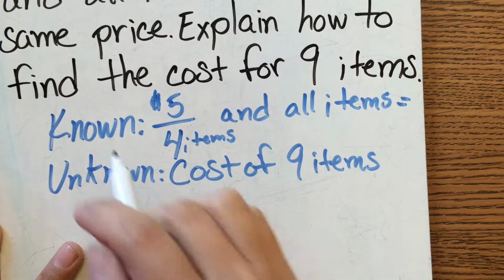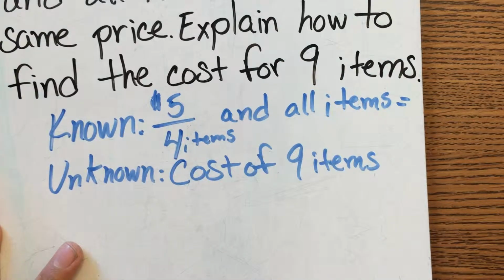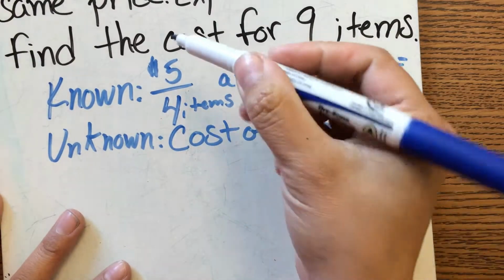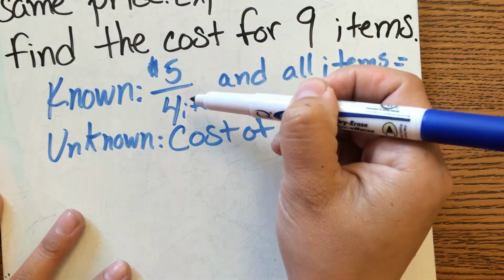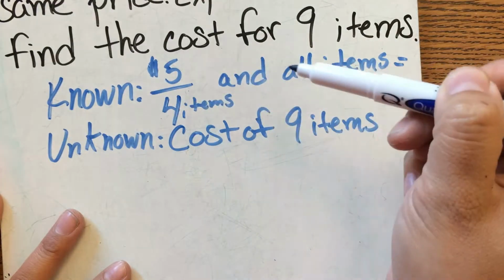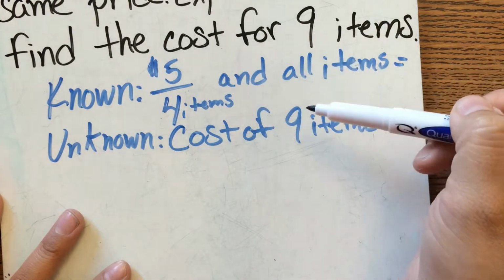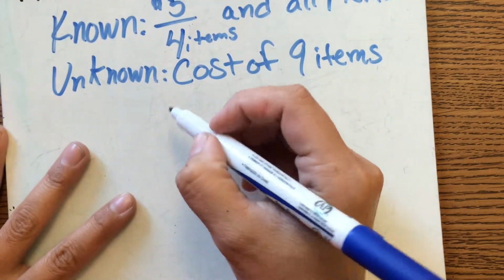Well, I'm going to set 2 fractions equal to each other, 2 ratios equal to each other. This is a ratio of $5 for every 4 items. Another ratio is going to be question mark dollars for 9 items.